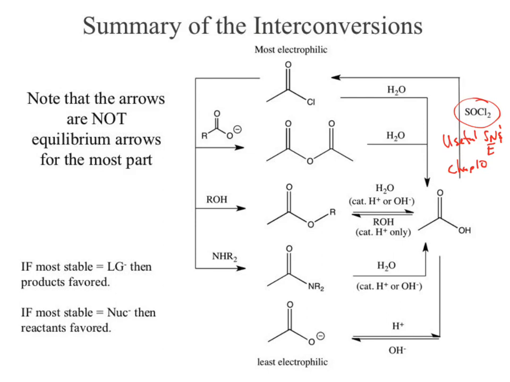I talked about it, but didn't really elaborate. If you go back and look at the mechanism, what was the mechanism? It's a nucleophilic addition followed by an elimination, where the electrophile is not a carbonyl, it's the sulfur.